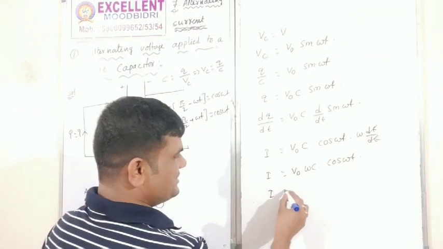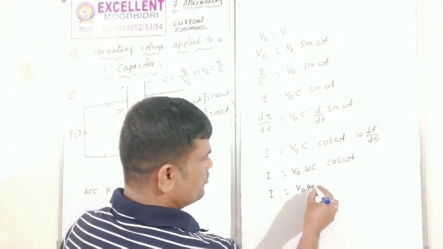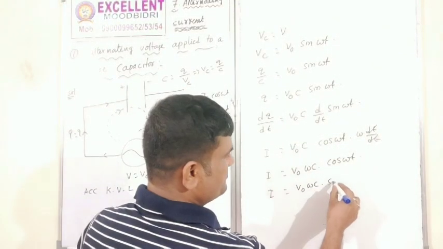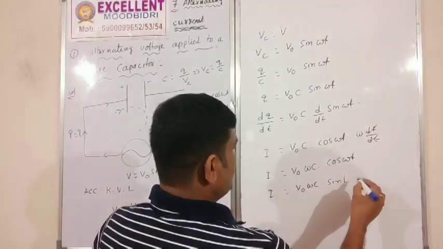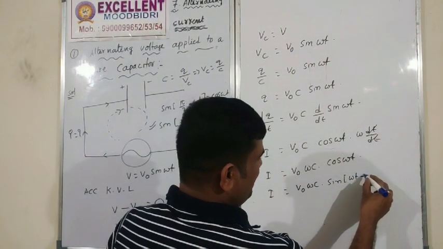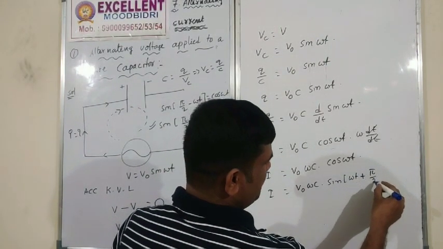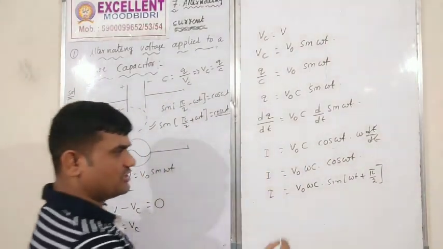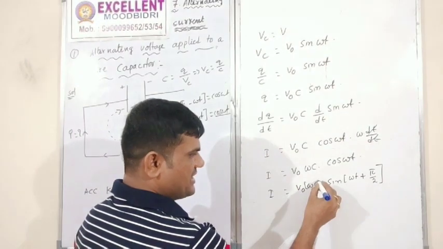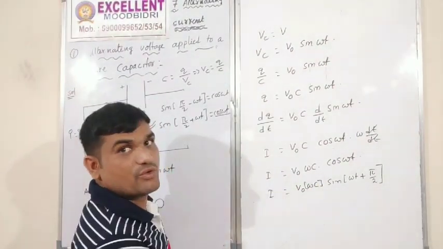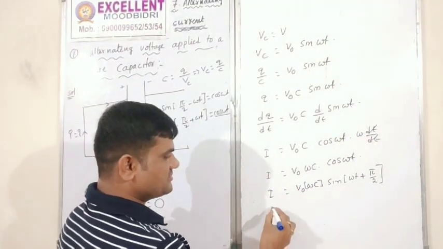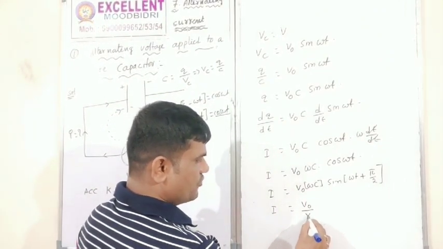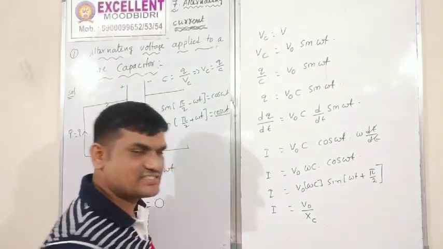Therefore, I is equal to V naught omega C. Cos omega t is what? Sine omega t plus pi by 2. No more confusion. Correct? Now here omega C I can write in a different term, that is 1 by XC.